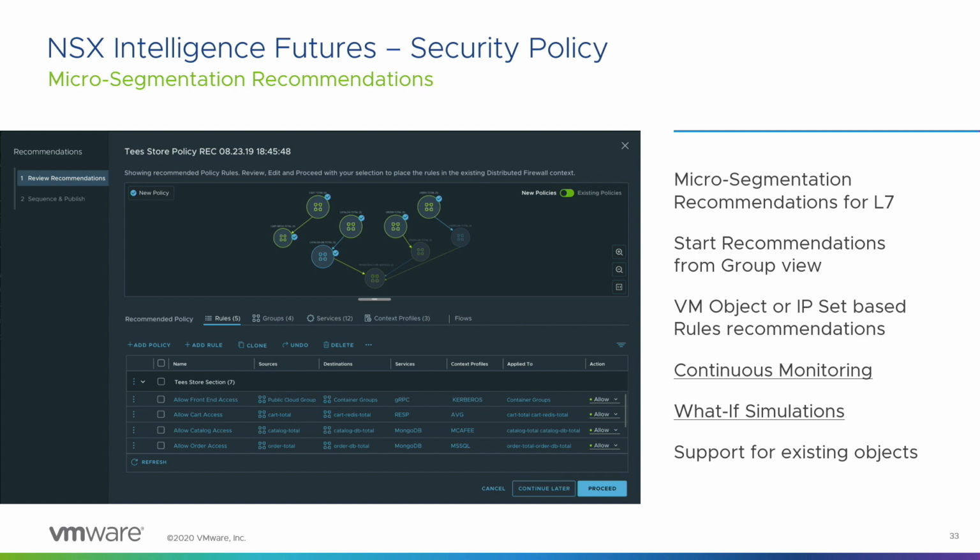So if, for example, there are new services that are starting on that application or new workloads that look like they should be members of that security group, we will recommend a new or an enhanced policy based on what we've observed. So even more features coming under security policy.